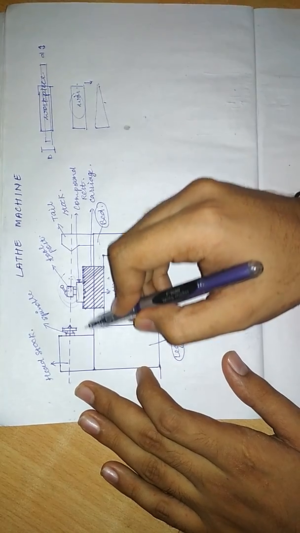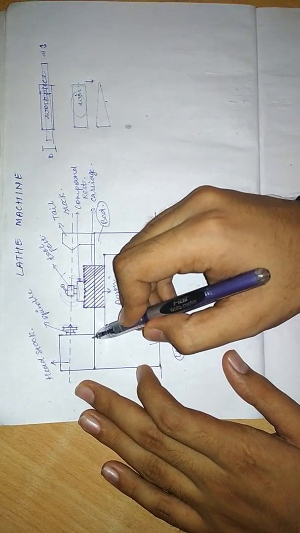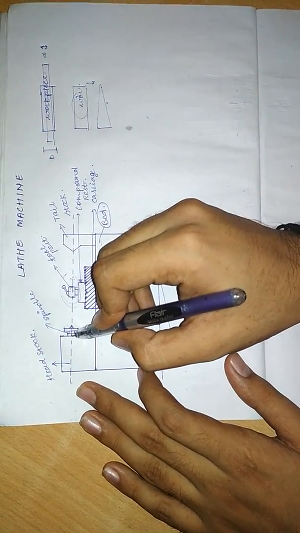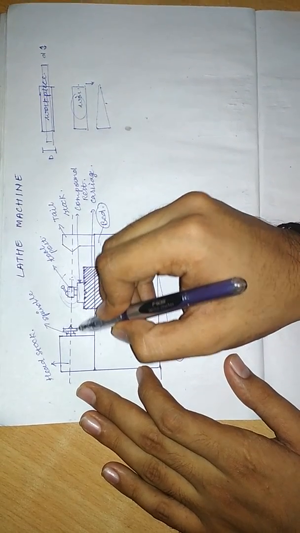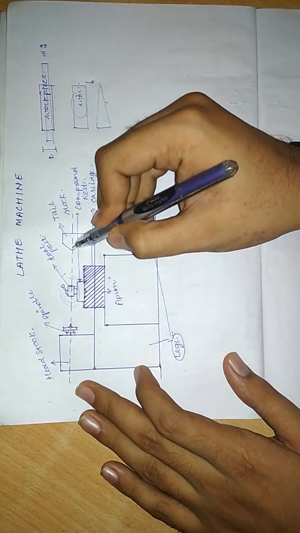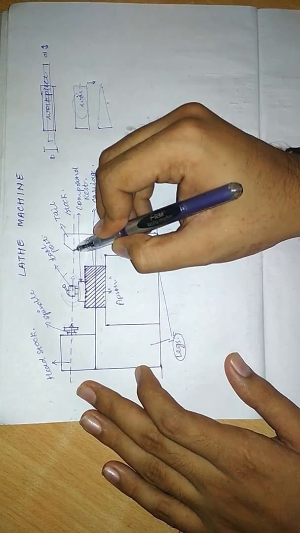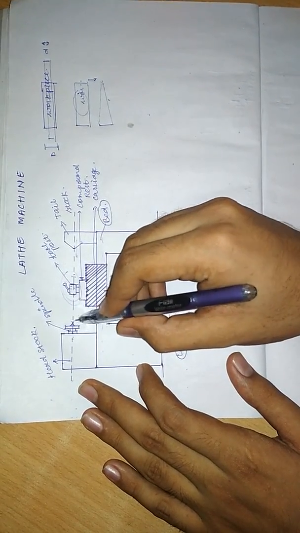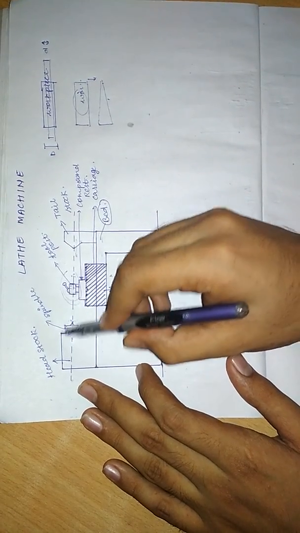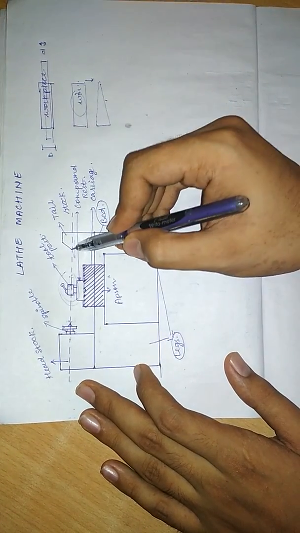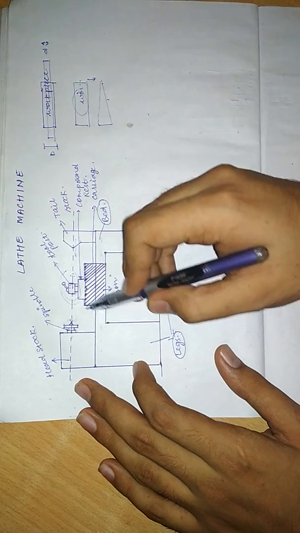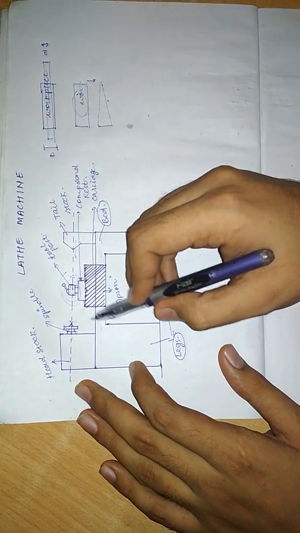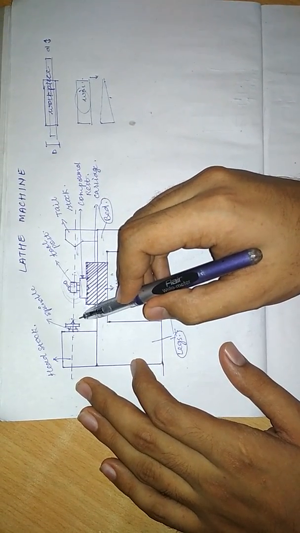The workpiece is fixed between the centers which are known as headstock center and tailstock center. So this center is headstock center and this center is tailstock center. This part comes forward and the workpiece is mounted and fixed in between these two centers.